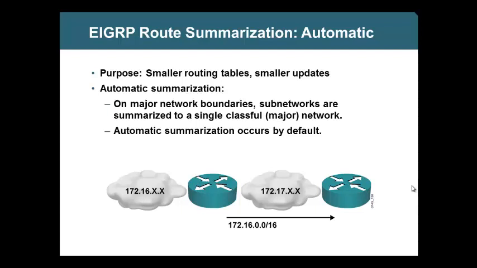Now in the earlier version of EIGRP, the summarization is done automatically. We call it auto summarization. But in the newer version of EIGRP, summarization is not done by default. You need to know this very well.